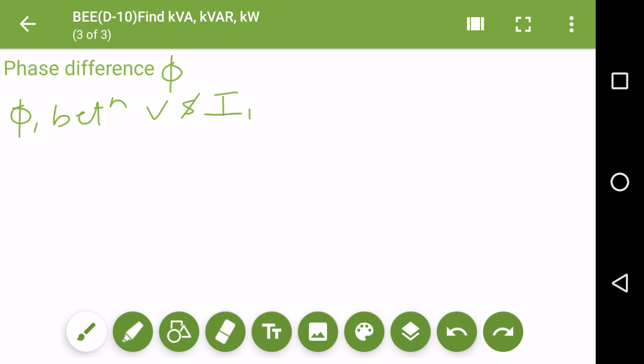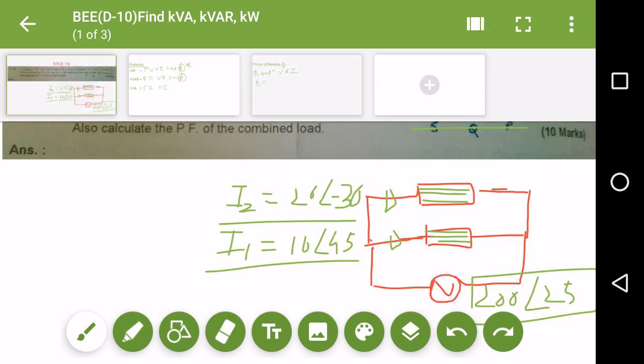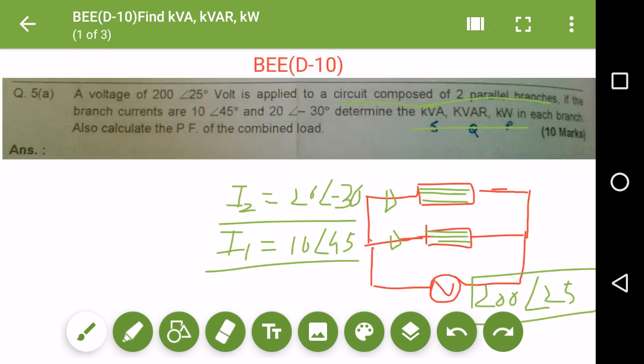What is the phase difference between V and I1? That is phi1, given as the angle of I1 minus the angle of V. You can see in the question the angle of I1 is 45 degrees, and the angle of voltage is 25 degrees.